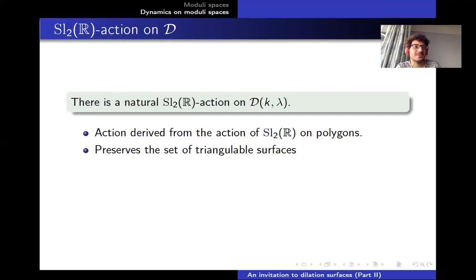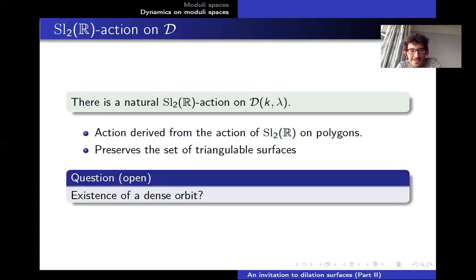I'm not going to linger too much on this SL2R action, although it's a very interesting action. To me, a very important question is the existence of a dense orbit, again restricted to triangulable surfaces.